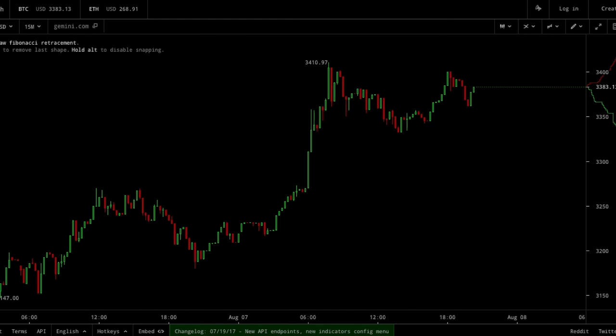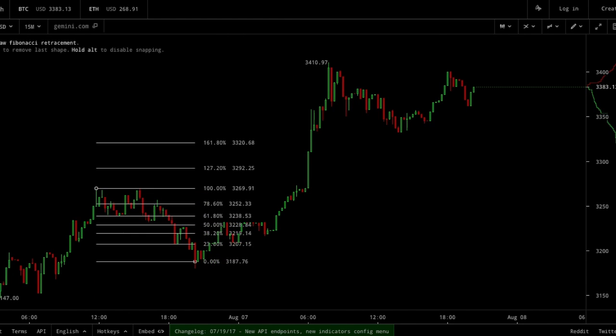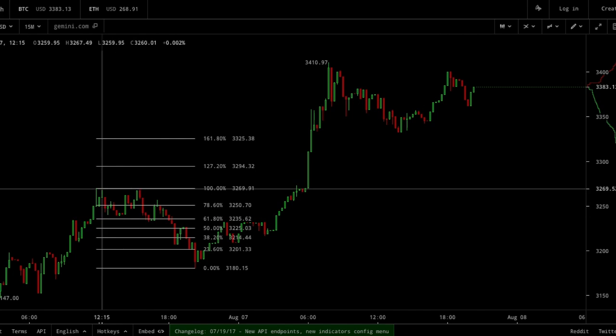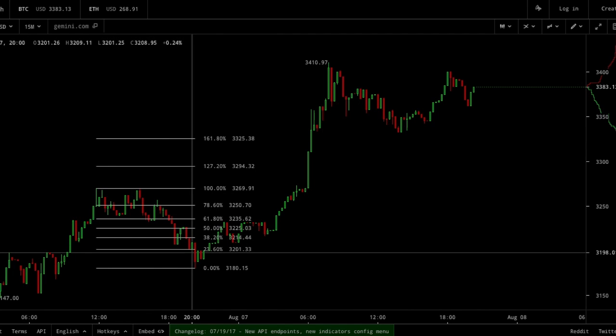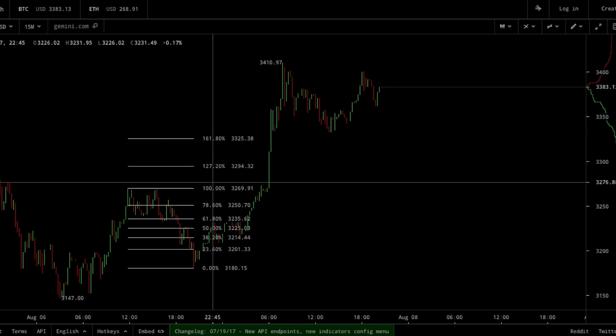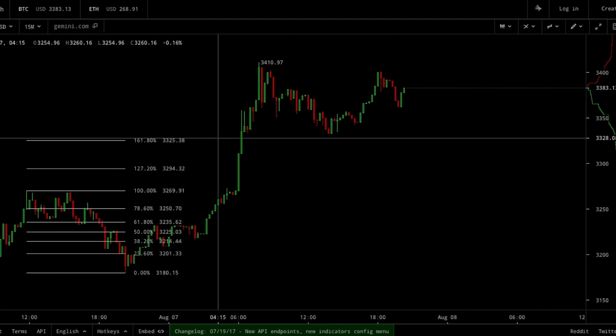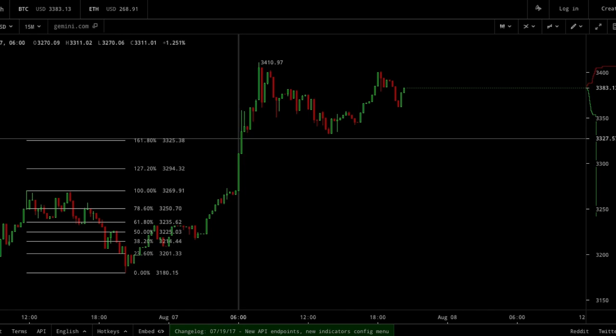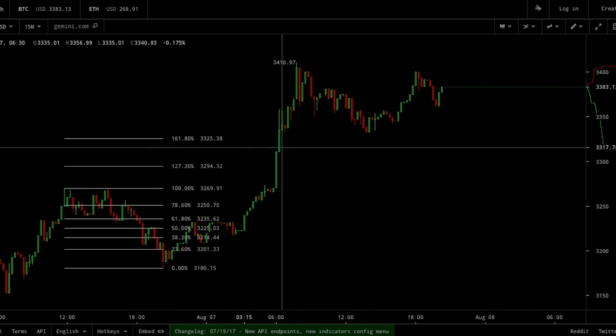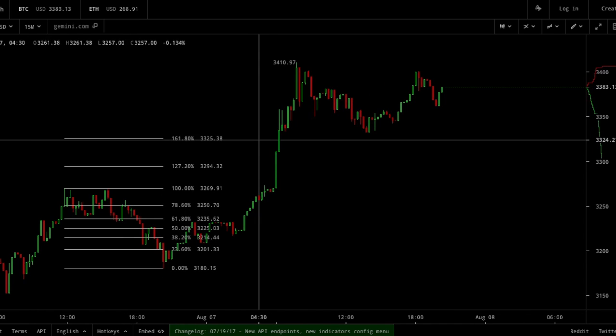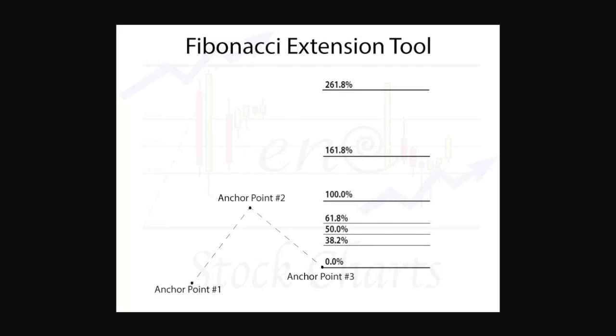Again, we would simply draw our Fibonacci extensions from the high to the low of this retracement. And then we would see that the 127 and the 161.8 actually did not have too much resistance at the time being. So in this case, what you'd actually want to do is sell at the 261.8% extension.